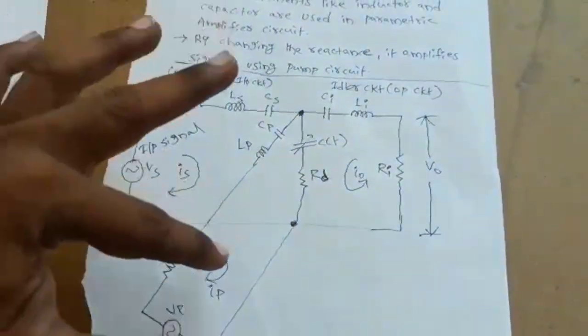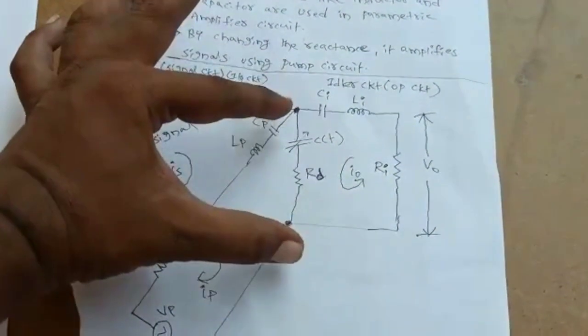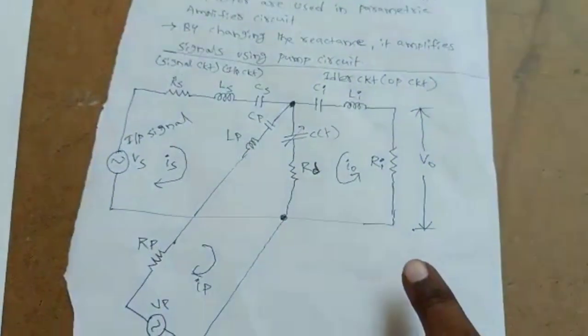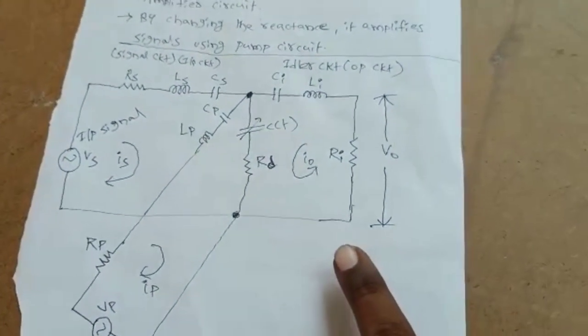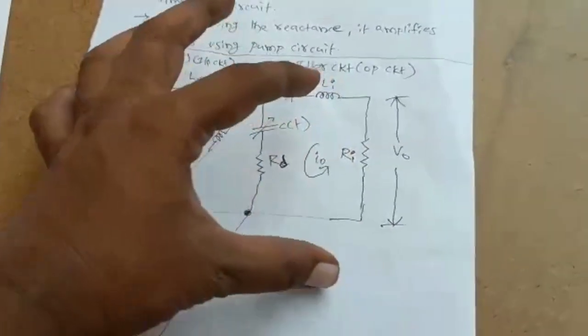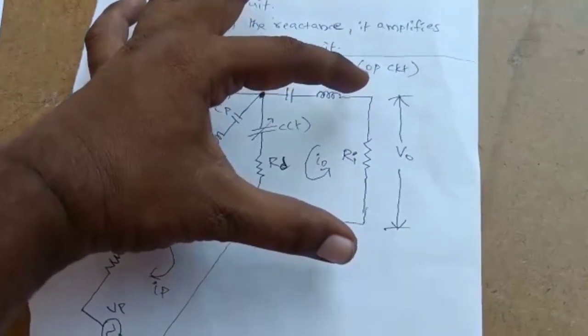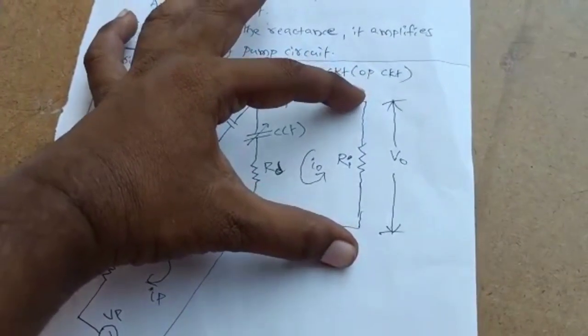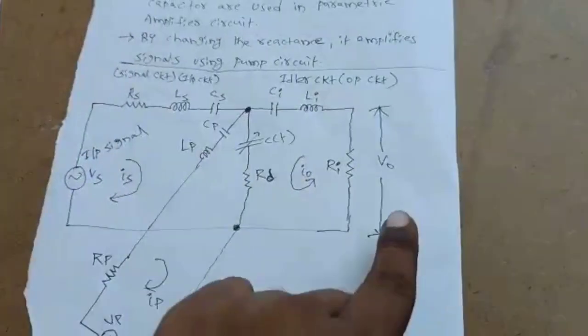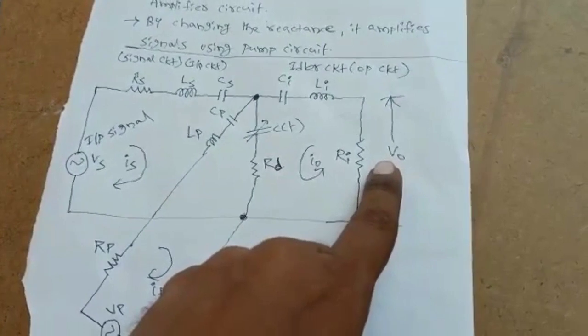By taking these two inputs, the parametric amplifier gives the output signal. The output signal we can collect across these two terminals. Here VO is called the output voltage.